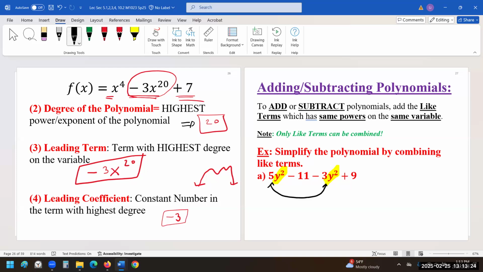And when you combine, we actually keep our variable portion and combine only their coefficients. What is 5 minus 3? 2. And then you combine our 11 and 9. What is negative 11 plus 9? Positive 2. And that's it.